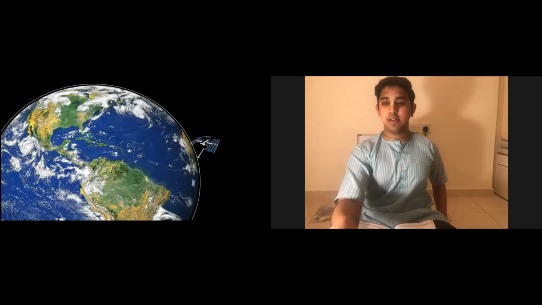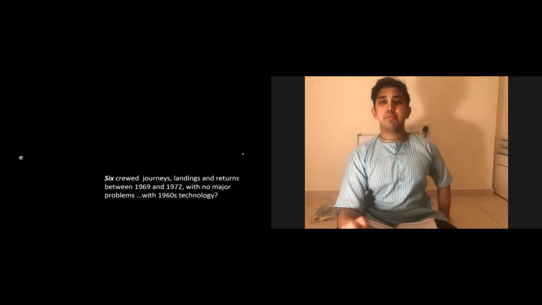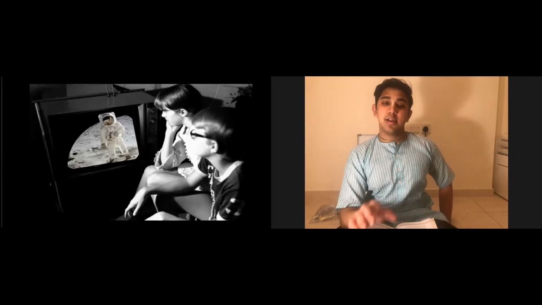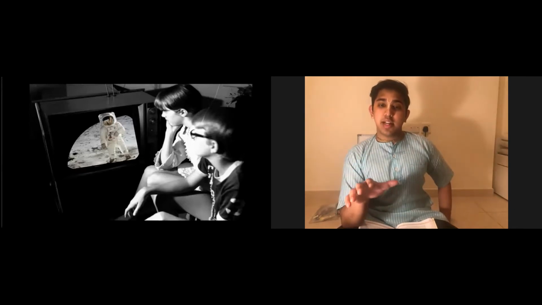And that is compared to the orbit of the International Space Station, about 250 miles roughly. And there were 6 crew journeys. And how is it that they had absolutely no problem with 1960s technology? It is a big question.